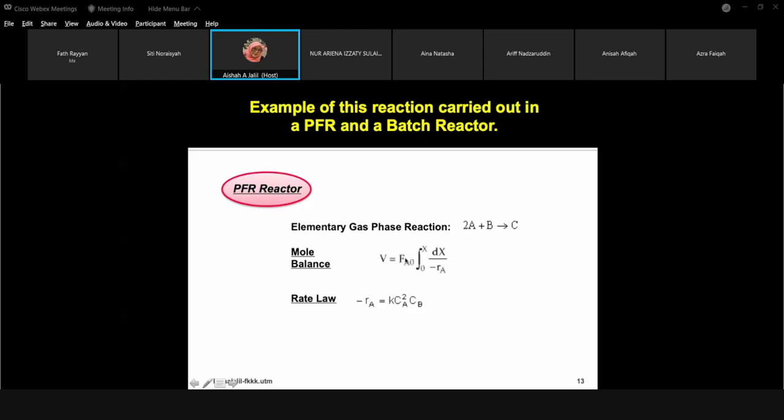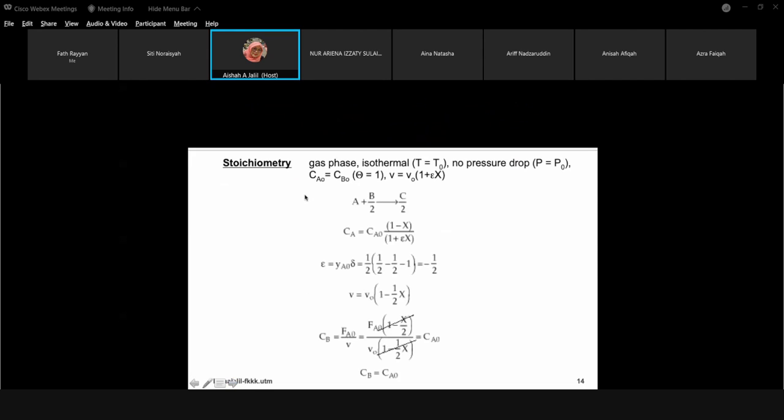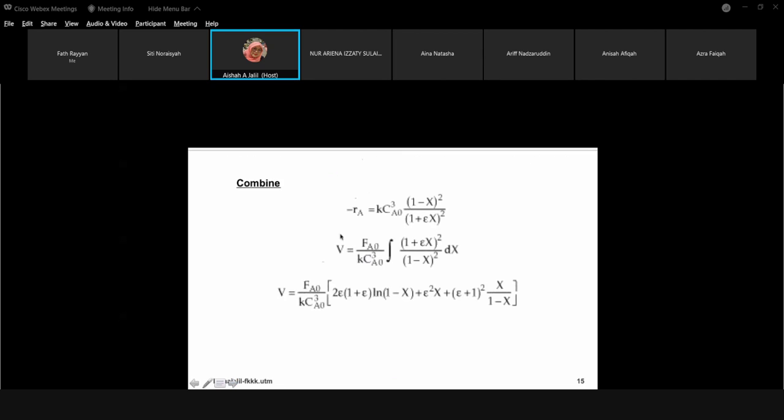This is the mole balance of the PFR. The rate law is the same, and it is gas phase, isothermal, no pressure drop. Because it is a gas phase reaction, you can get it like this, and this is the same, and then this is the integral for the PFR.